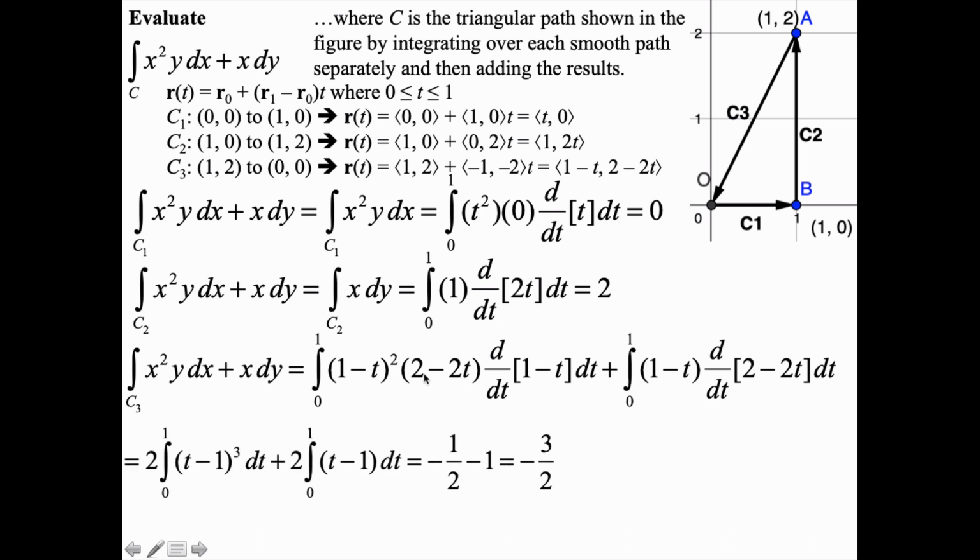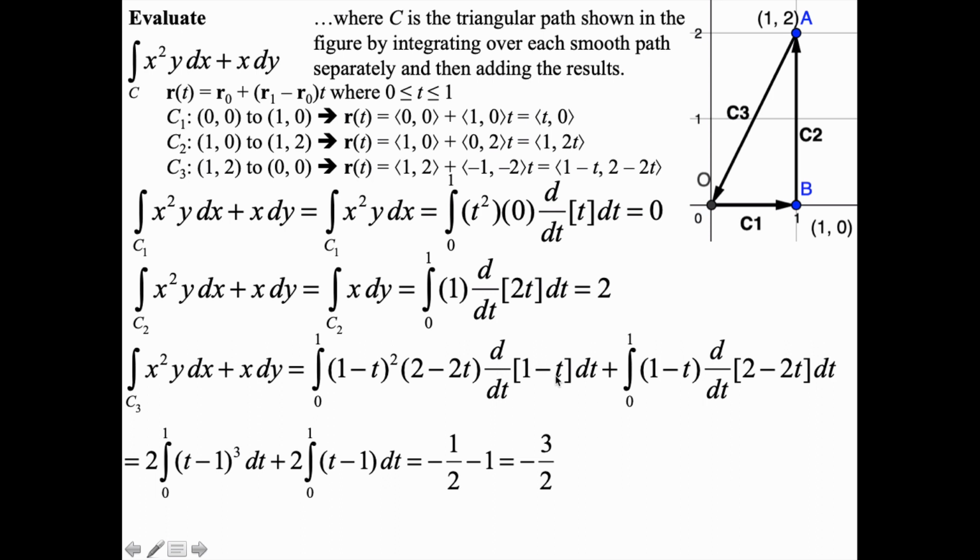Let's think for a moment now. Here we have a 2 minus 2t. If we factor out 2, we take it outside, there's that 2. But somehow they have now (t minus 1) cubed. Let's see how we get that. Here we have 1 minus t. If we take out the 2, we have another 1 minus t. So that's (1 minus t) cubed, instead of (t minus 1) cubed. Let's see what they do here.